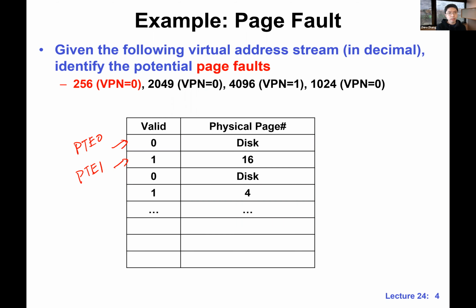This one is valid, so this is not a page fault. Same reasoning here. Even though it's VPN 0, it's already in the physical memory. So basically the correct number of page faults is 1 in this case. Any questions about this one? Okay.